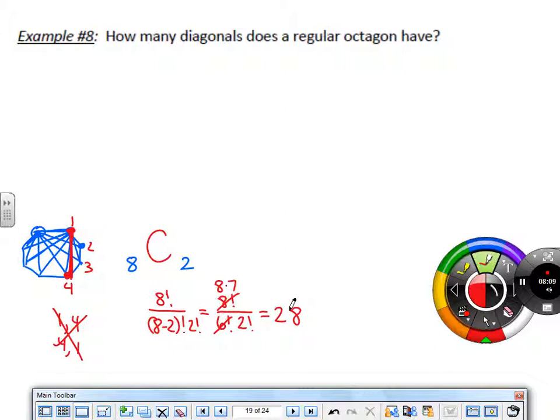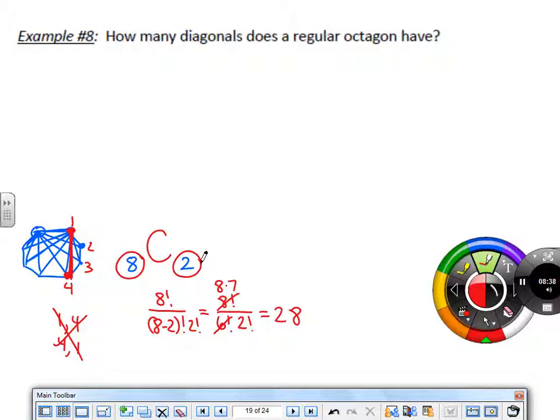Sorry. It's the answer to this, but this actually isn't the entire answer to the problem because you guys laughed at Eric earlier, but what he did is exactly why we have to pay a little extra attention in this problem. When we said from any of the 8 vertices, you can choose any 2 of them, yes, that counted all the diagonals, but it also counted something else. What else did it count besides the diagonals? Raven?